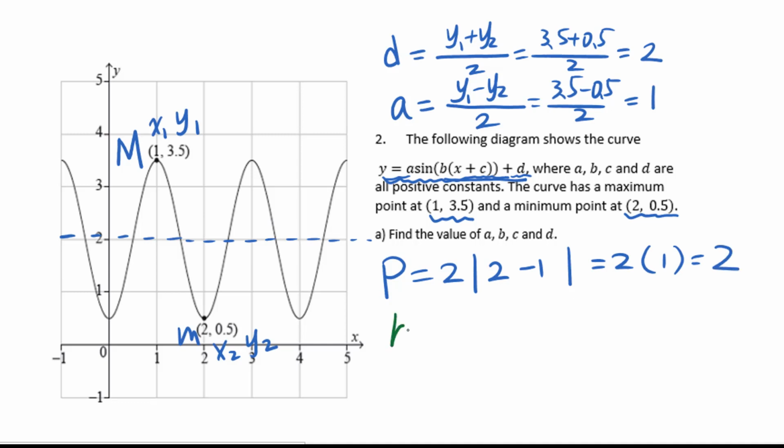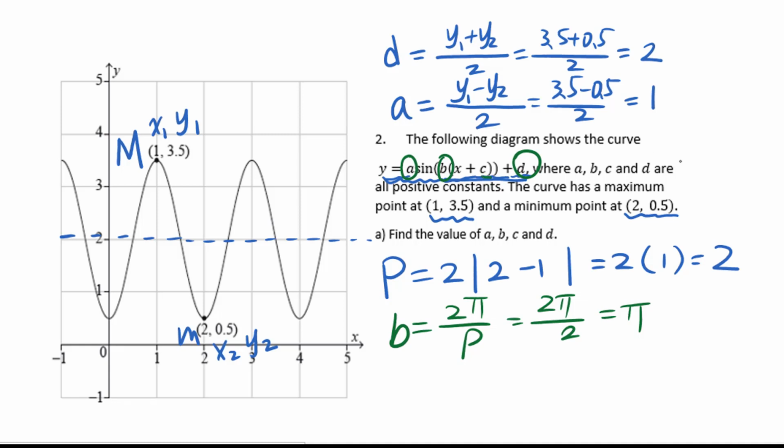Then we can figure out b equals 2 pi over p, that equals 2 pi over 2 equals pi. Now we already figured out a, b, and d. We need to figure out c.